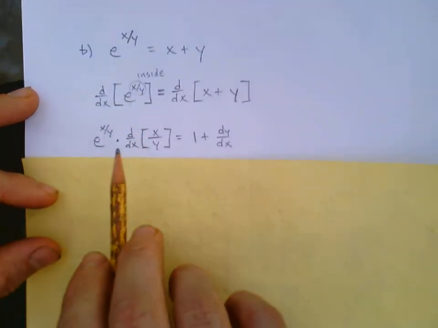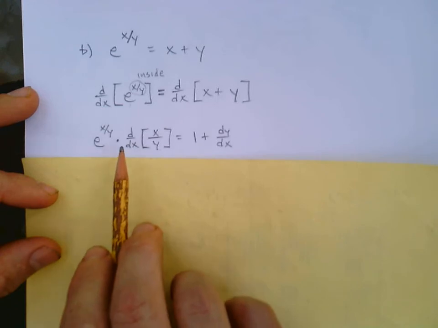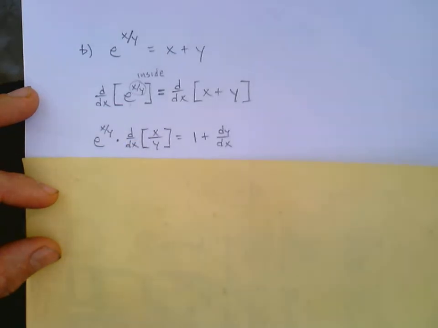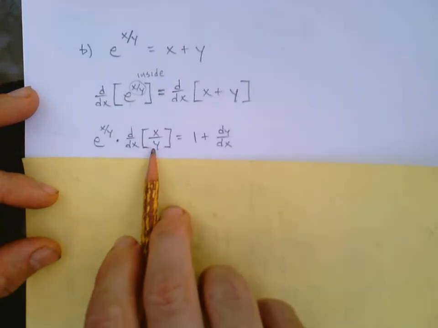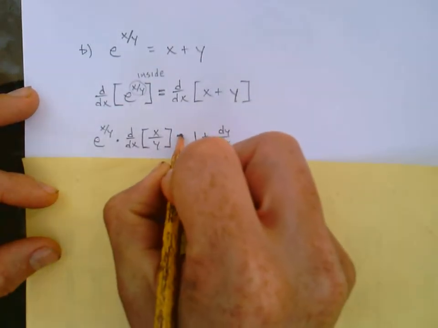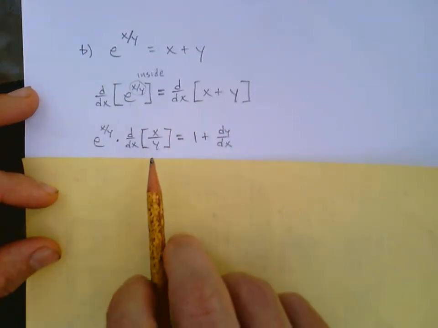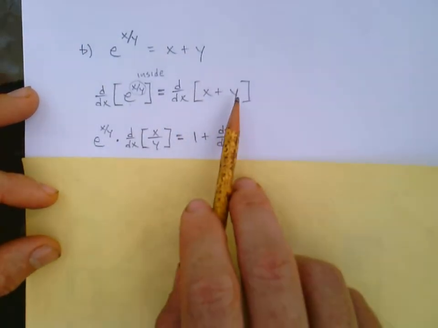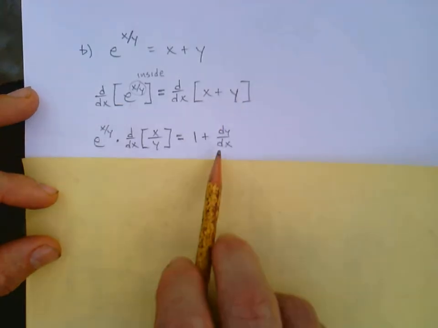So for now, I'm just going to write d over dx of x over y. And I know that's going to need a quotient rule. I'm going to spare myself all that work in this step. On the right side, what's going on? Well, we've got the 1, and we know the derivative of y is dy over dx.